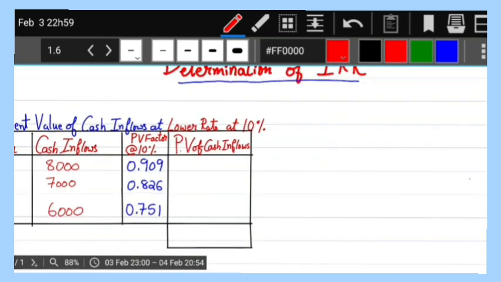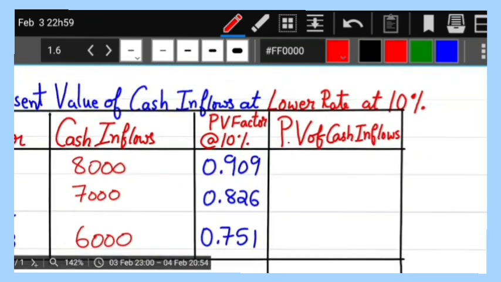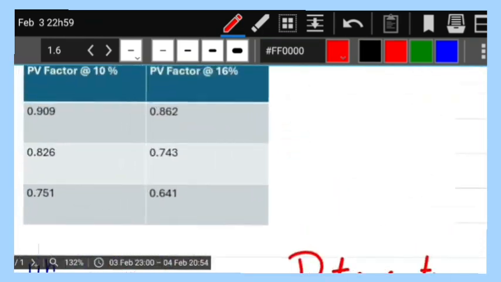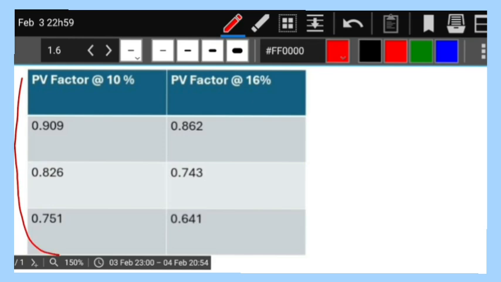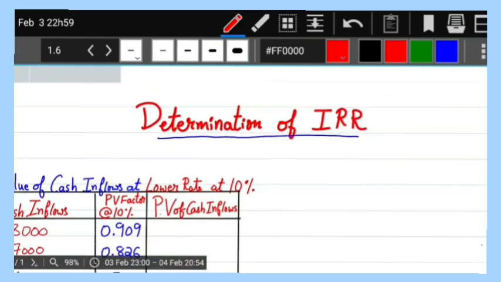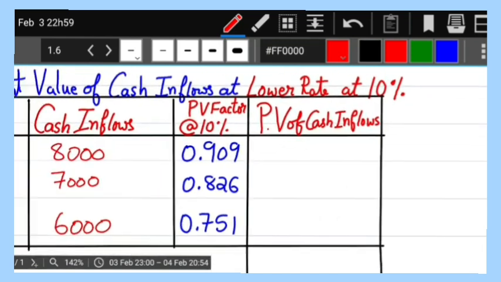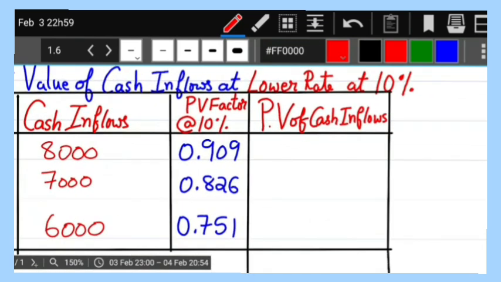Now I have already written the PV factor at 10%. Look at these values. Now, the next step is present value of cash inflows.